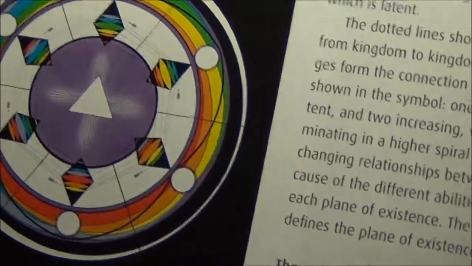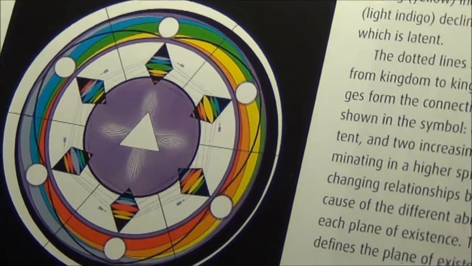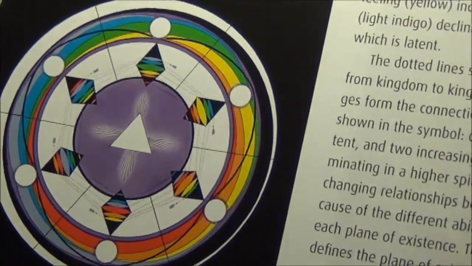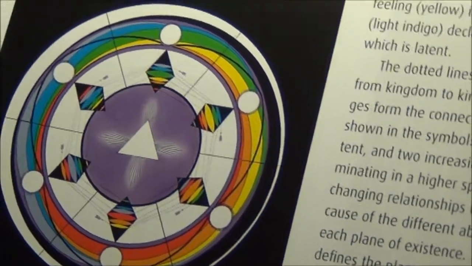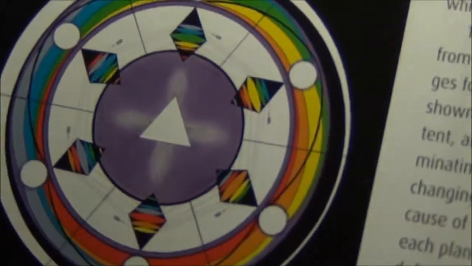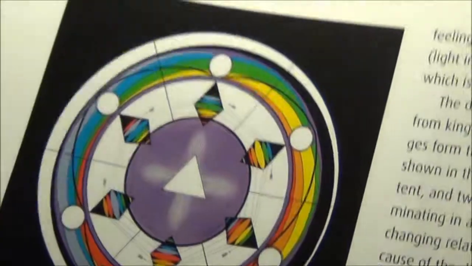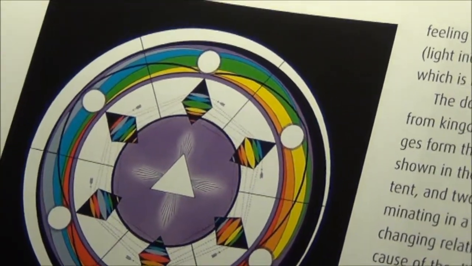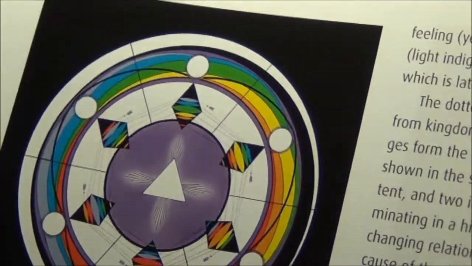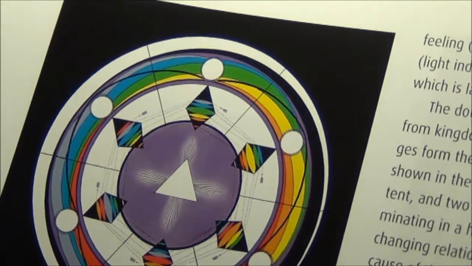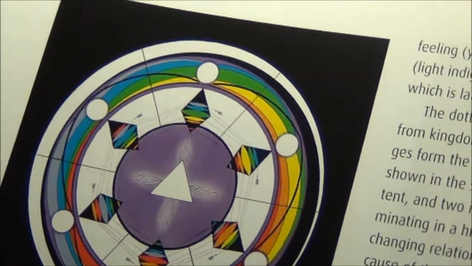The white triangle in the center once again symbolizes the eternal nameless something, God's I, X1. The violet field in the center symbolizes God's ability to create and experience, X2.